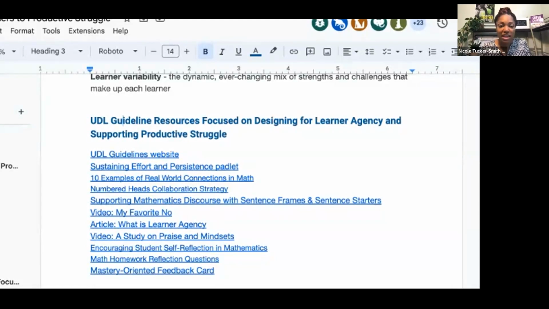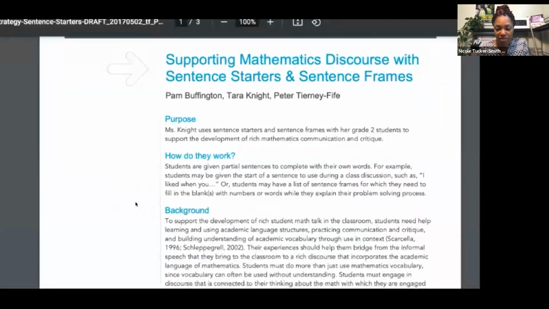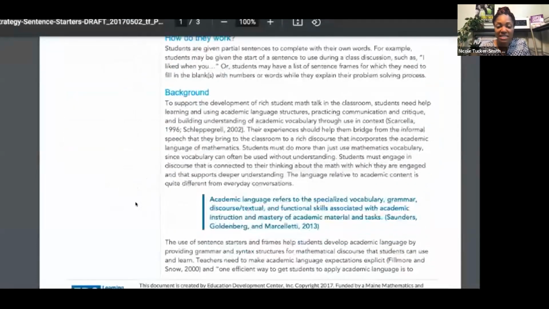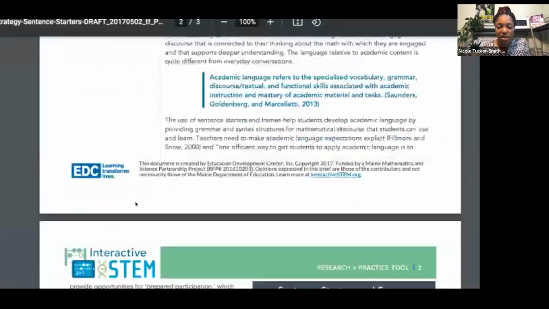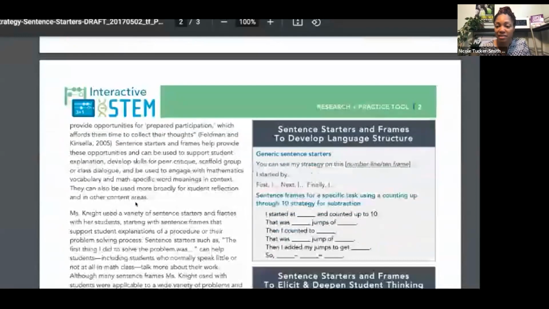If you take a look at that resource, it gives the purpose of it, but then it gives specific examples of the types of sentence starters that are often beneficial in a mathematics lesson, right? So there are generic ones, but you can also focus on a specific mathematical skill. And having that framing can help students have the scaffolding they need.